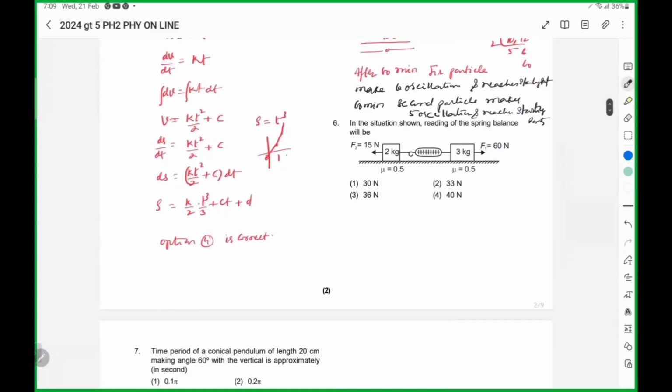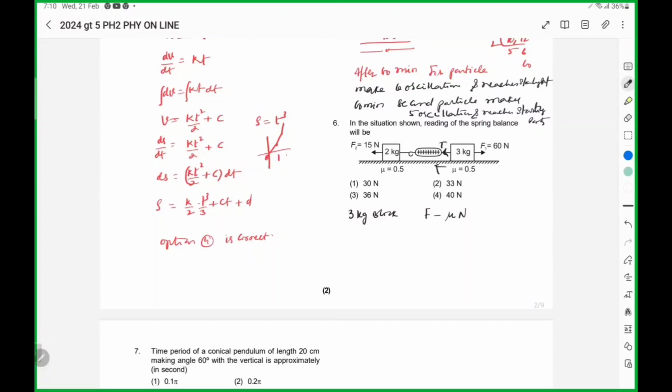Here in this question, he has given friction also. Let us observe the forces acting on the 3 kg block. If you consider the 3 kg block, one is the applied force, in the opposite direction the frictional force, and in the spring balance, the restoring force.